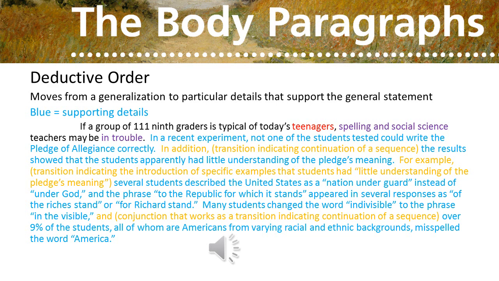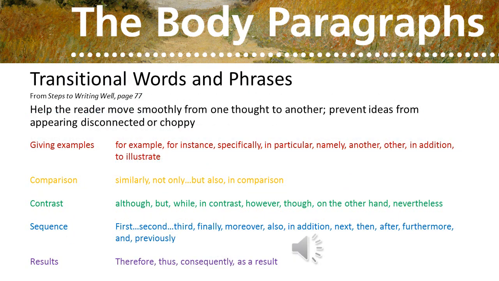It is unified in that everything conforms to the subject and the controlling idea, and it is coherent in that all of the details are related to each other logically through the use of transitions. Okay, let's go into a little bit more detail about transitional words and phrases.